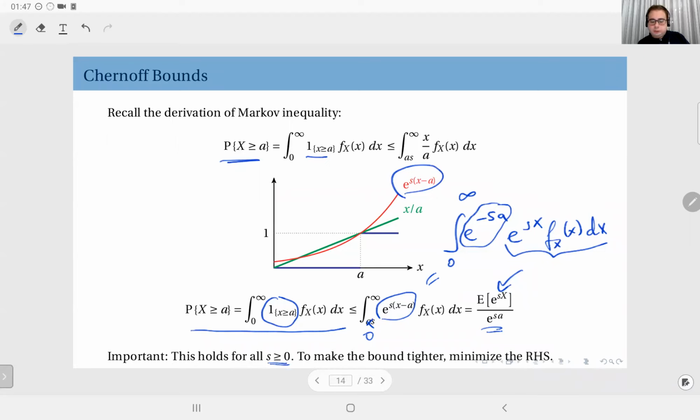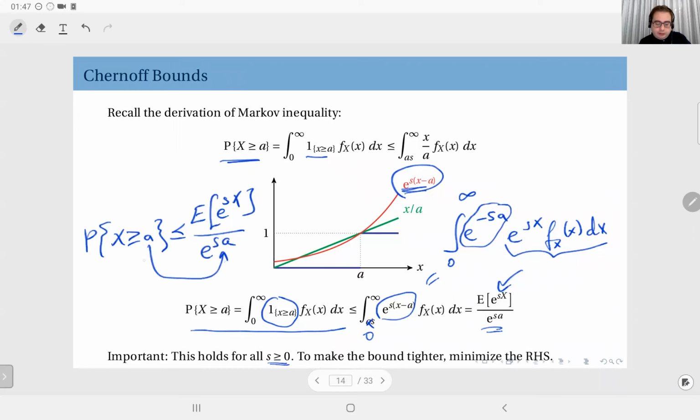That was our assumption, because any non-negative s, this function will have this shape, so it will stay above the indicator function. Therefore, the probability that x is greater than or equal to a is less than the expected value of e to the power s times x over e to the power s times a.